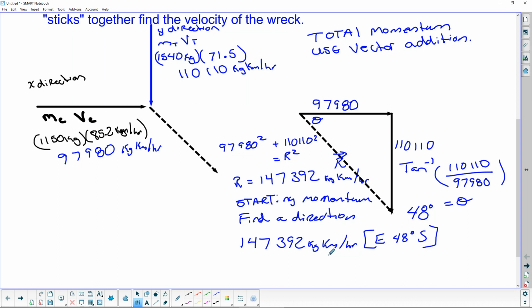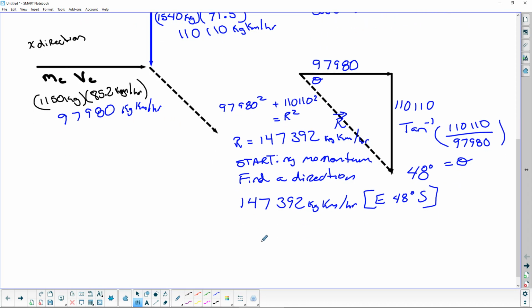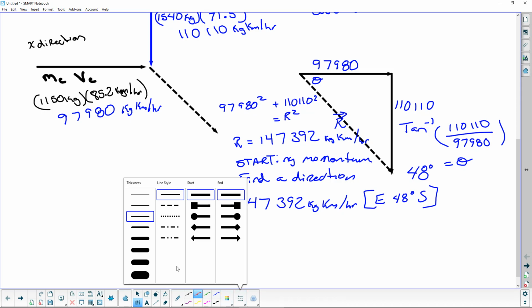Now that we have the initial momentum, the final momentum is going to be the same. Since momentum is conserved, we know our final momentum is the same value. That's the secondary part of this.